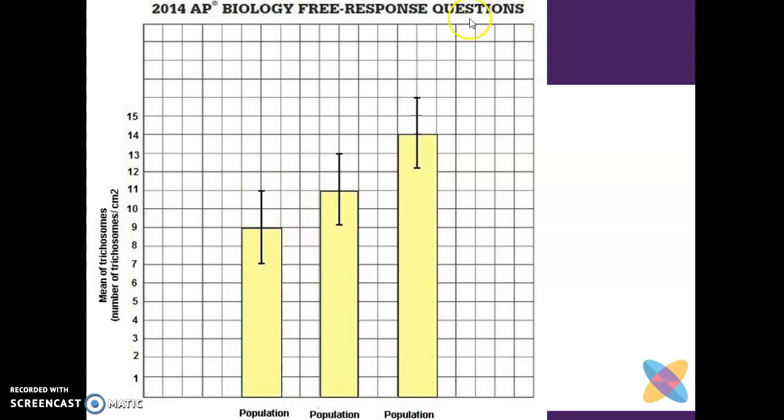Population 3 has plus or minus 2 SEM of 12 to 15. Those numbers do not overlap. The standard error bars do not overlap. Therefore, there is a statistical difference. So for this particular question, you want to use that data. You want to use the plus or minus 2 standard errors of the mean.